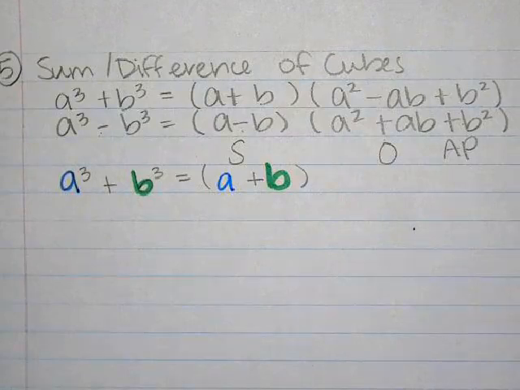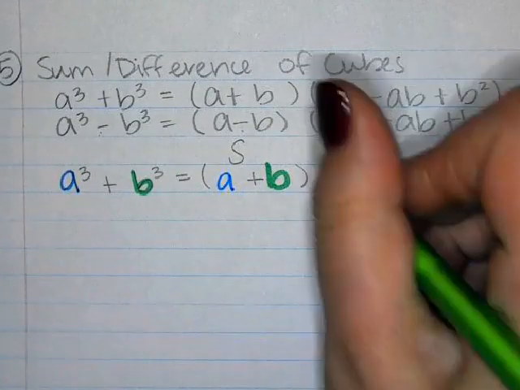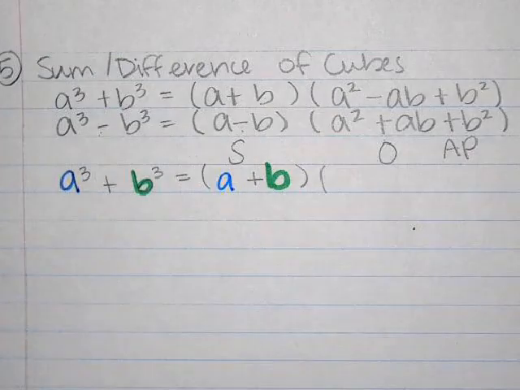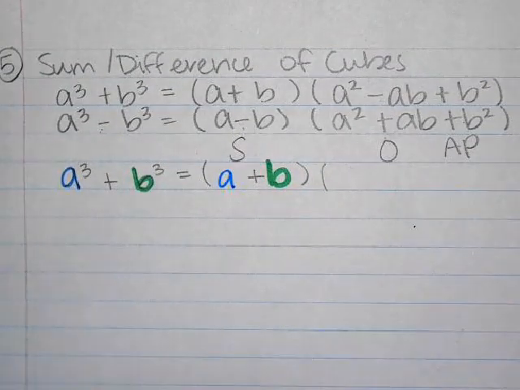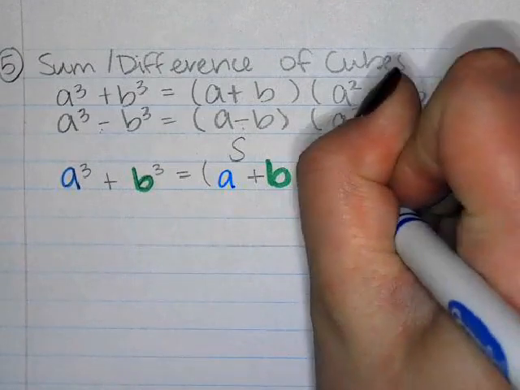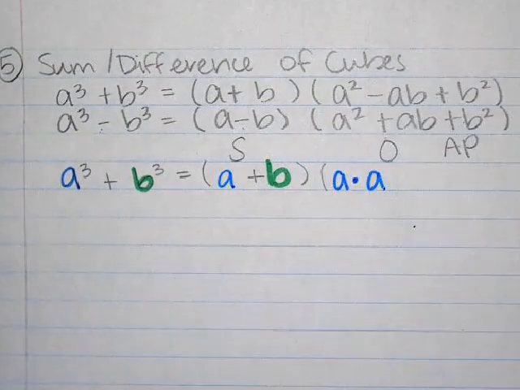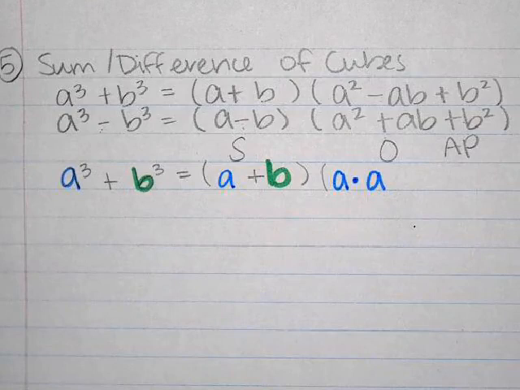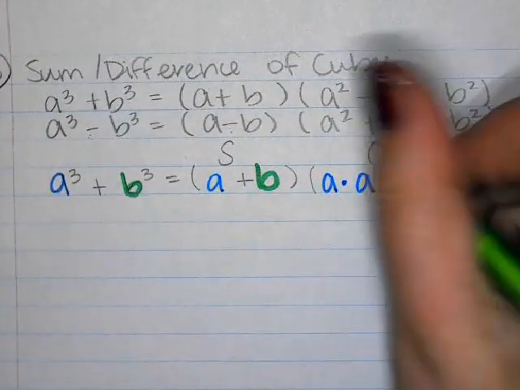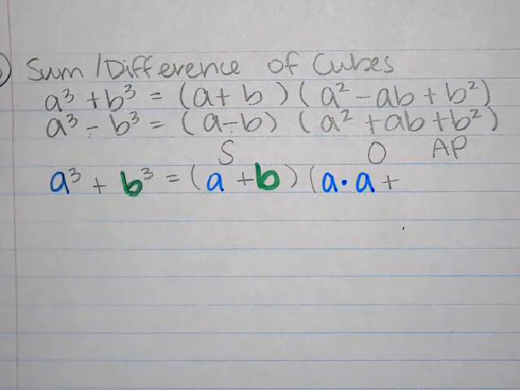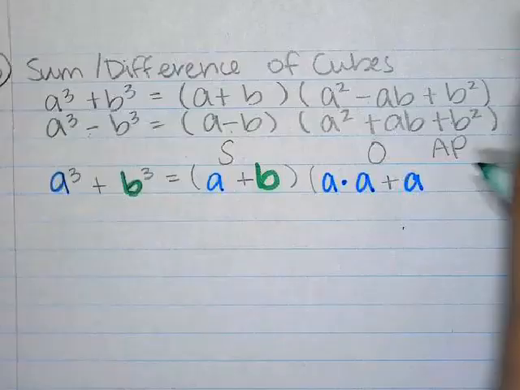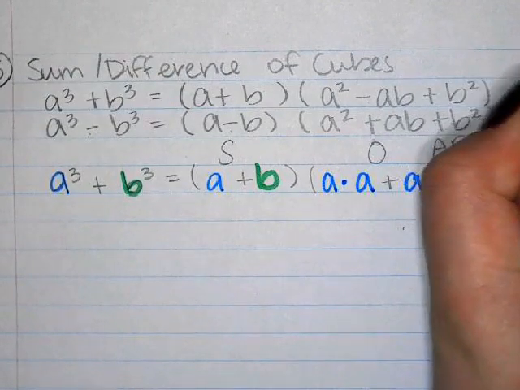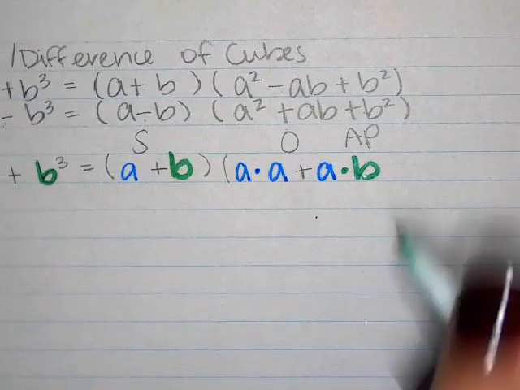So I'm going to write A times A. Then I've got plus, and for the next term, I have A multiplied by B, A times B. And then for the last term, I have plus B multiplied by B.